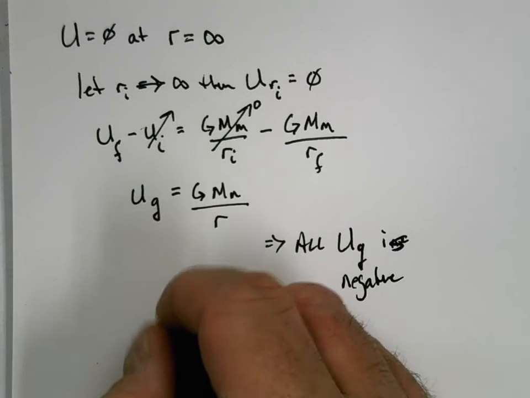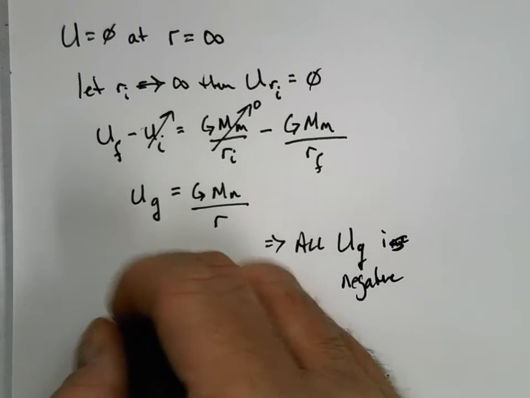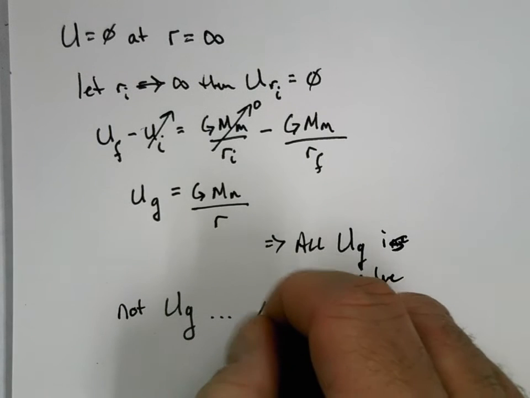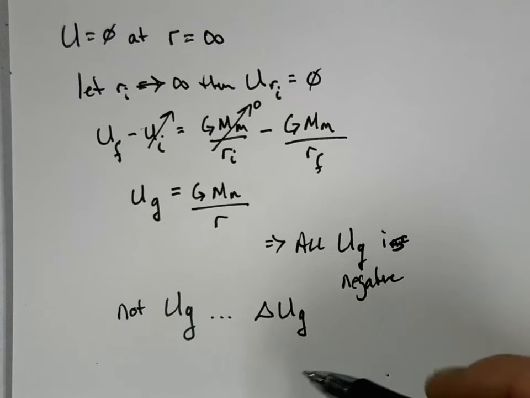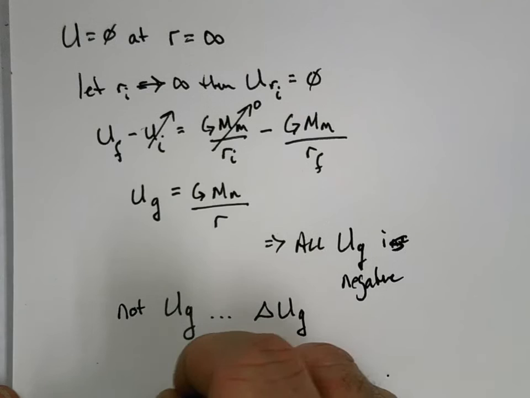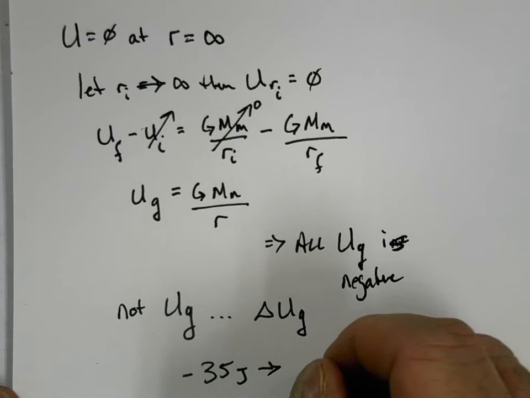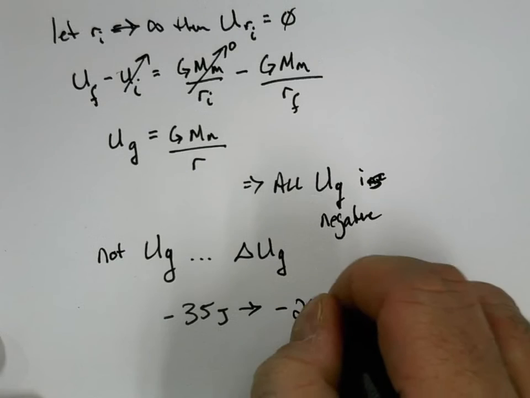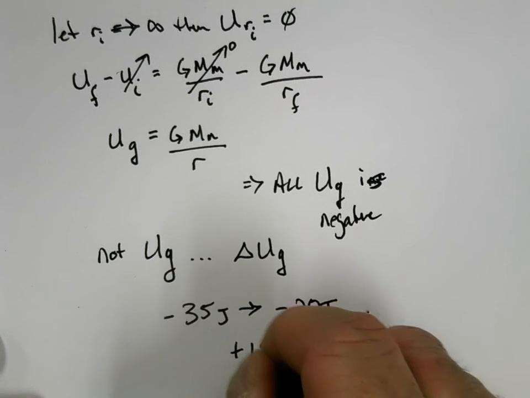We don't worry about UG. We worry about delta UG, and this is where we get our energy changes. And you can always find a positive change between two negative numbers. If something goes from negative 35 joules and changes its position so that it now has negative 20 joules of potential energy, this is an increase of 15 joules.